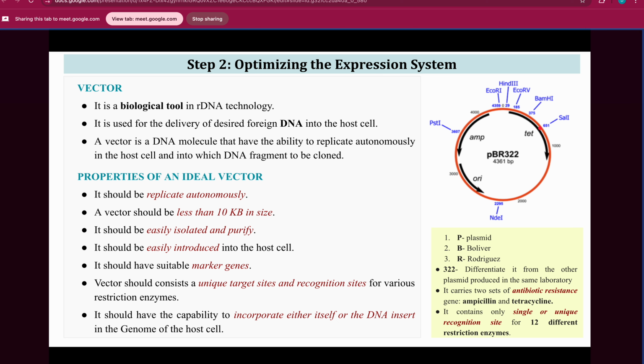But as you can see, in this case it is not helpful, because if you insert your gene of interest and provide tetracycline, the tetracycline sequence is disturbed, so the cell will no longer be able to survive in that medium and will die off. But we do not want it to die, we want it to replicate more.